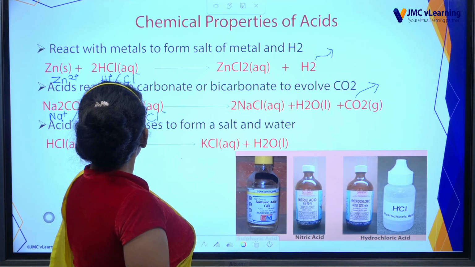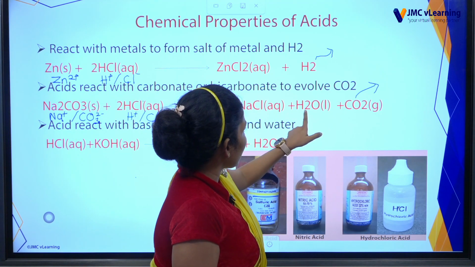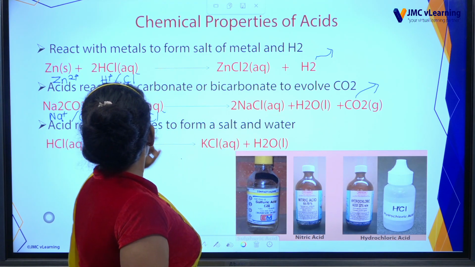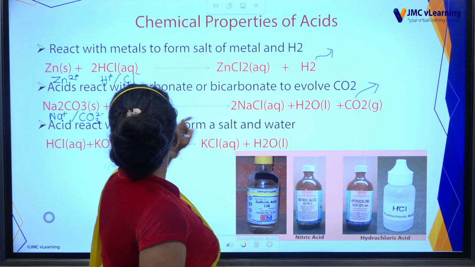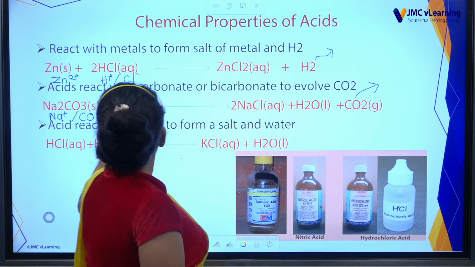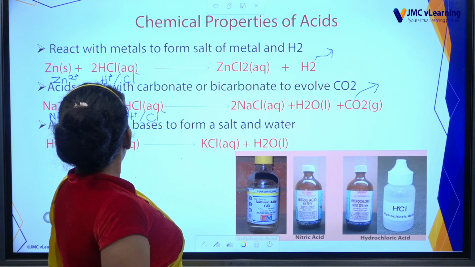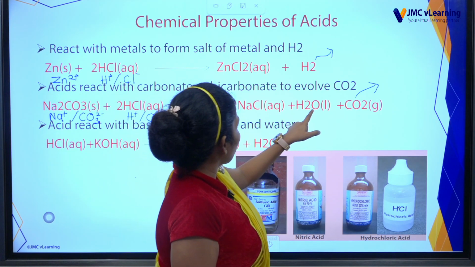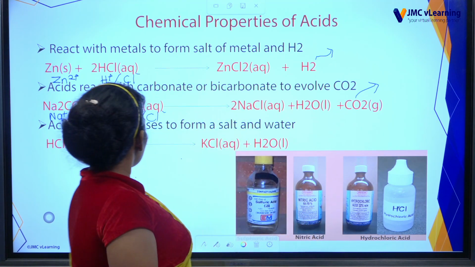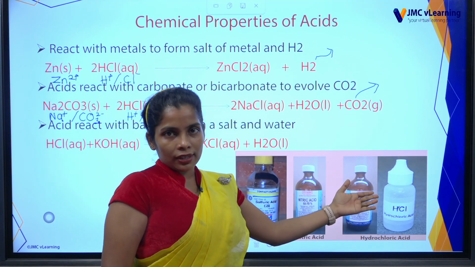Look at it: 2 hydrogen and 2 hydrogen, 2 chlorines, 2 chlorines, 2 sodium, 2 sodium, 1 carbon, 1 carbon. How many oxygen are here? 3 here. So 1 and 2, all together 3. These are the reactants, these are the products.